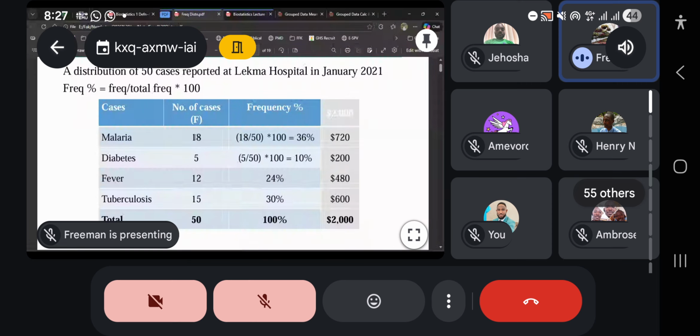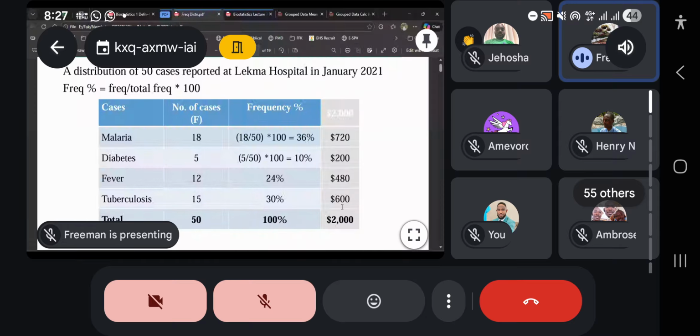So when you want to know how much of your $2,000 you are going to spend on malaria, it is the 18 cases of malaria over the total cases of diseases reported times 100, and that gives you 36%.